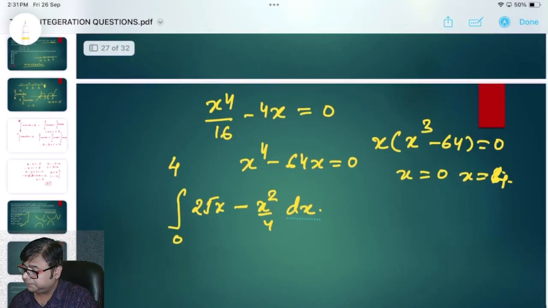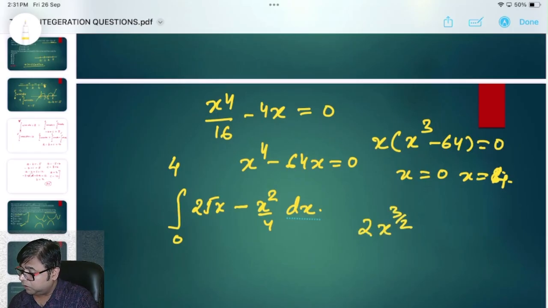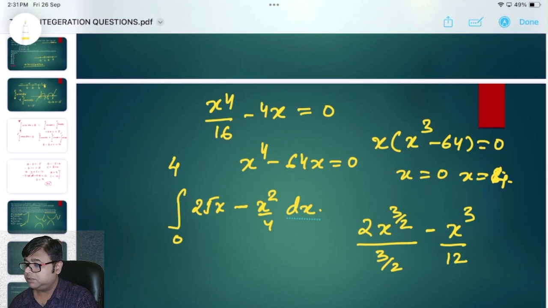Now let's integrate. So I'll be getting 2 x to the power 3 by 2 upon 3 by 2, right? And minus x to the power 3 upon 12. So this is what I've got from 0 to 4.